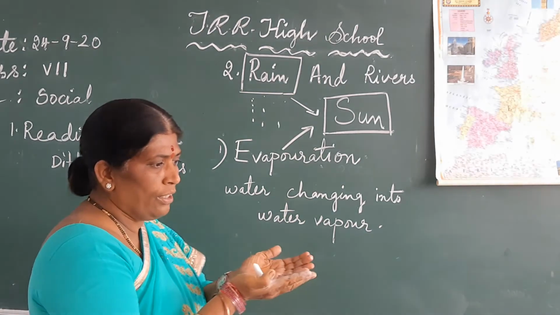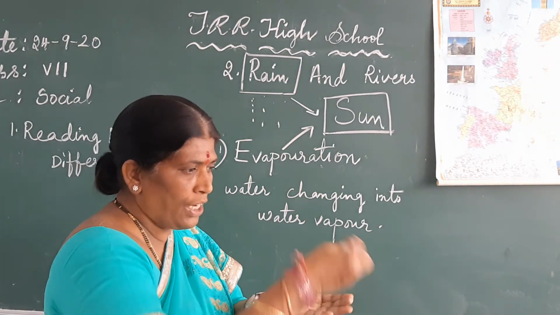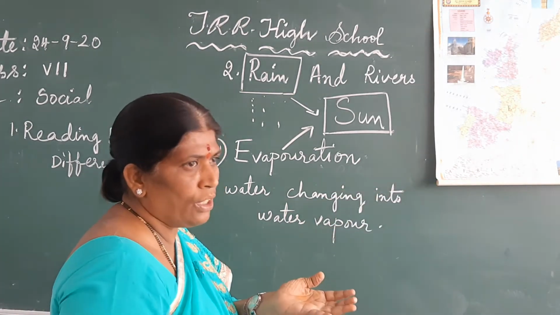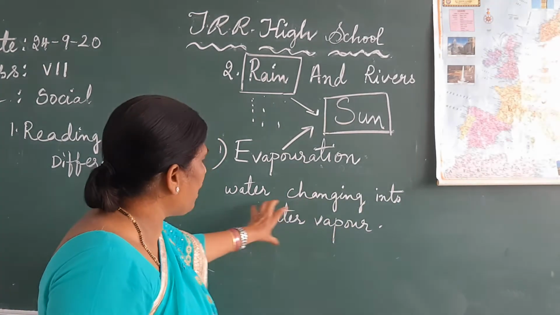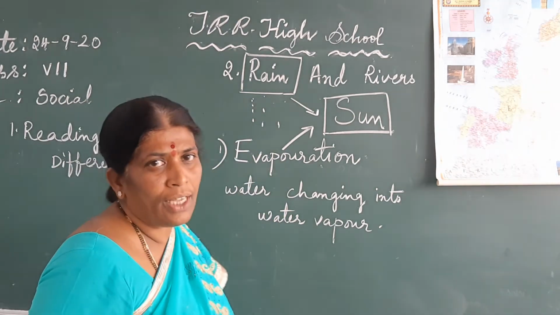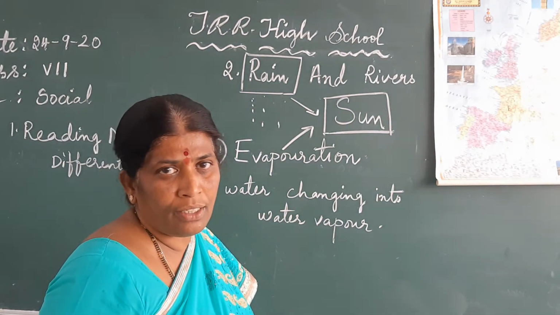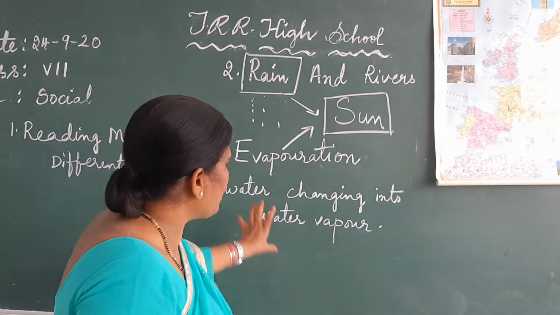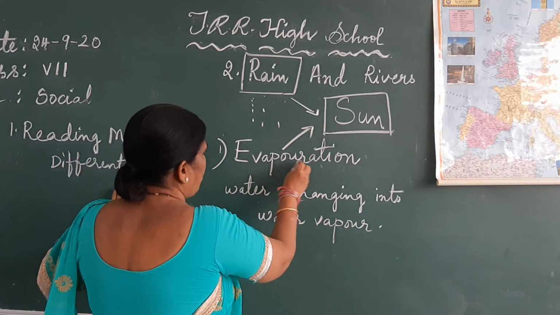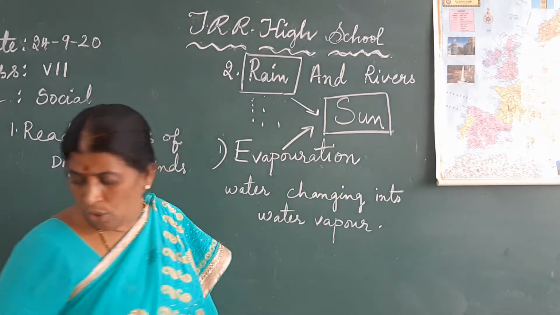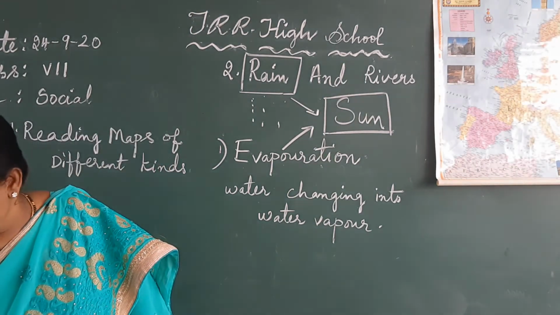Otherwise, I take a small dish or lid, pour some water and keep it in one place. Next day the water will not be there. It has become water vapor and joined the air. Understood? That is called evaporation.